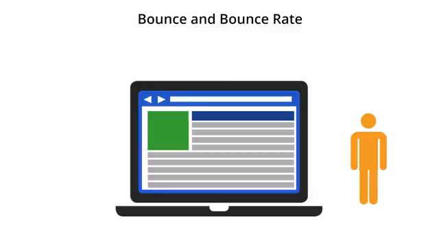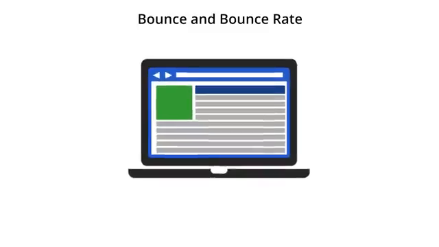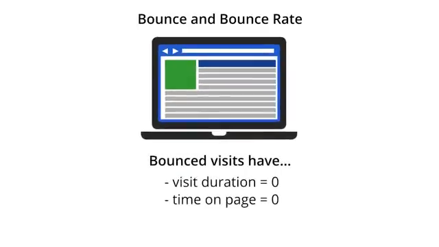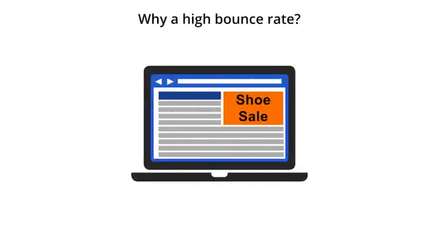If they land on a page and leave immediately from that page without viewing any other content, it counts as a bounce. Since bounce visits only consist of one interaction, Google Analytics does not have a second interaction to use for the calculation of visit duration or time on page. These visits and the one page view included in the visit are assigned a visit duration and time on page of 0.